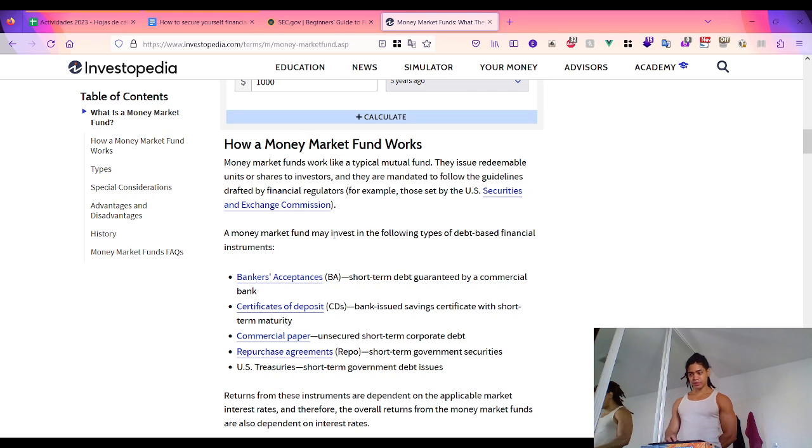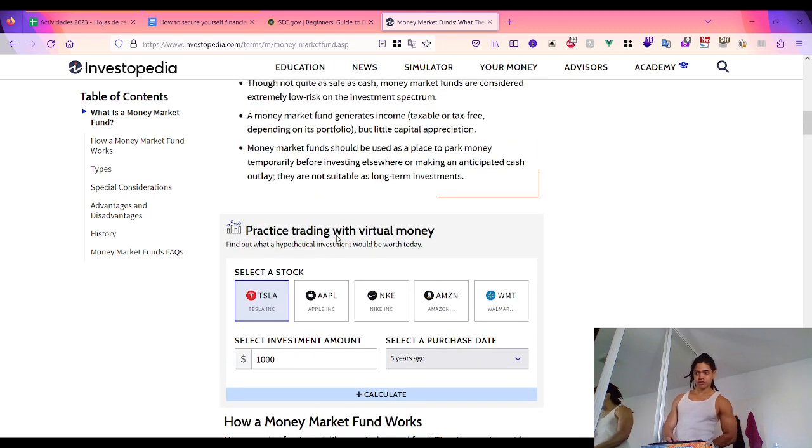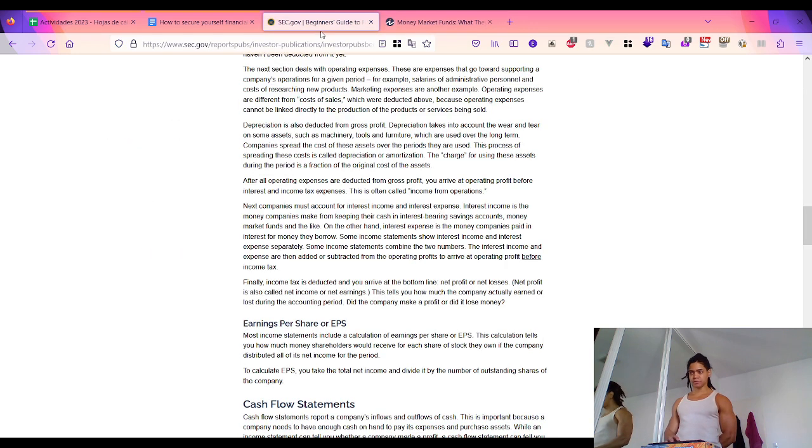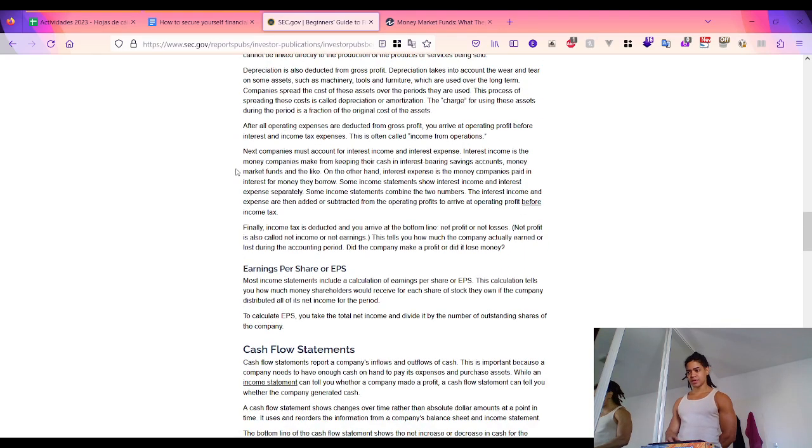But the whole idea is to park money temporarily. All right, so once I know this, that next the company must account for interest income.